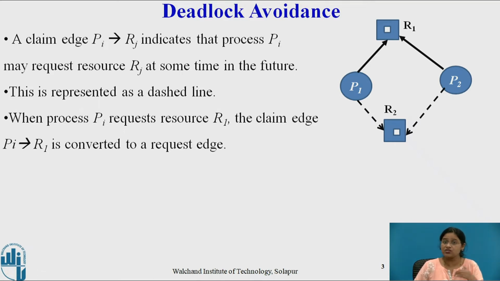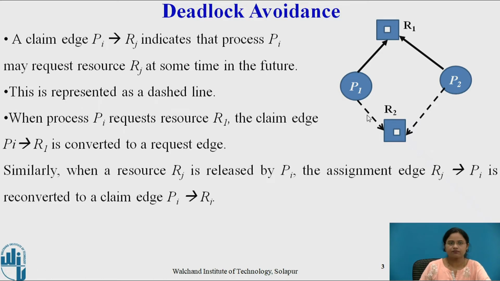Right now the process has not requested yet, but whenever the process makes a request for this resource, then this claim edge is converted into a request edge. And then when it is assigned to that process, that request edge is converted into an assignment edge. So, here process P1 is requesting resource R2. When it requests, then P1 to R2 is converted into a request edge.